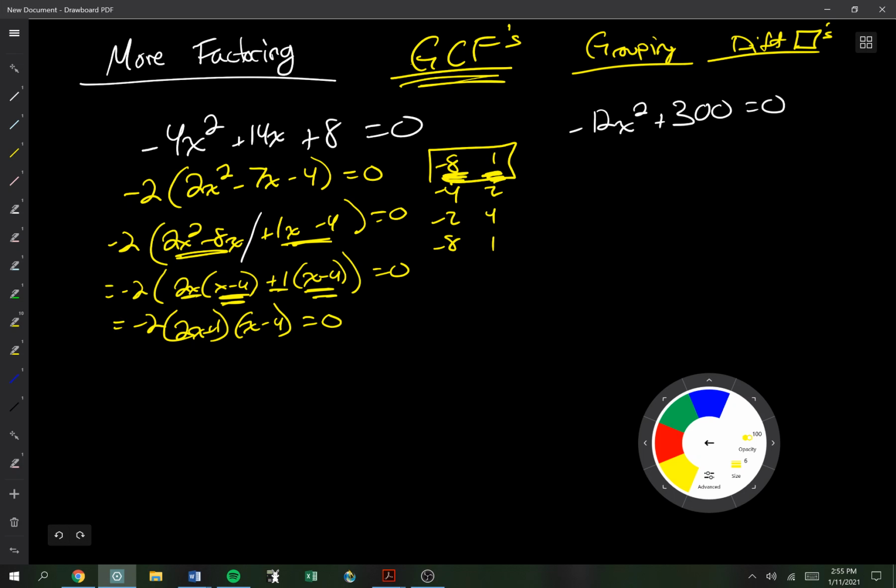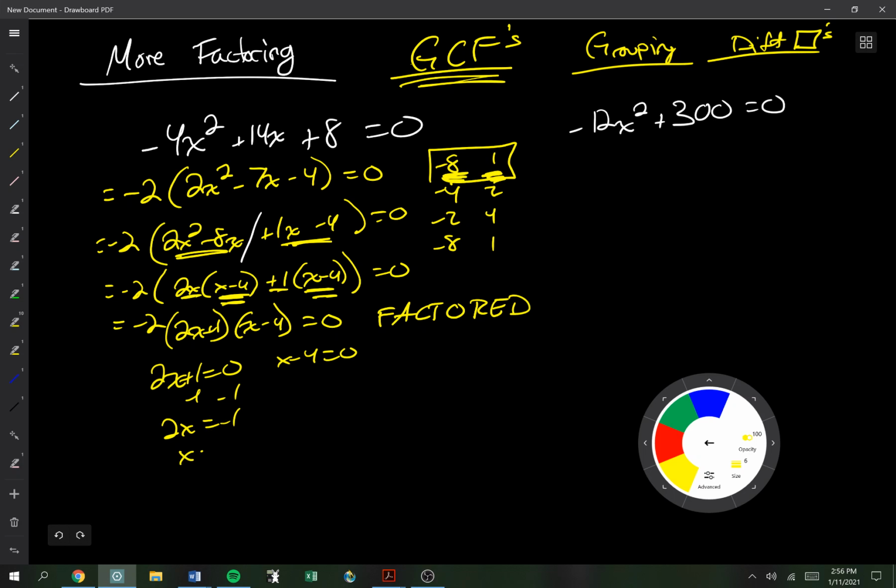So at this point, I have factored. Everything is written in factored terms as far as possible. And pulling out the negative 2 first is an important part of that. Now I want to solve. To solve, I take each of my factors and set them equal to 0.